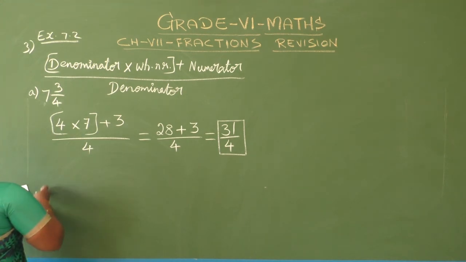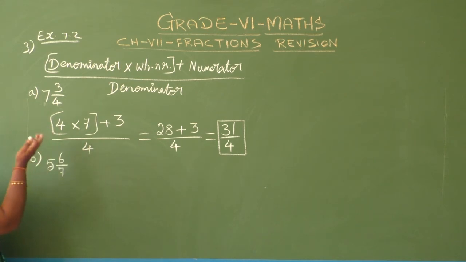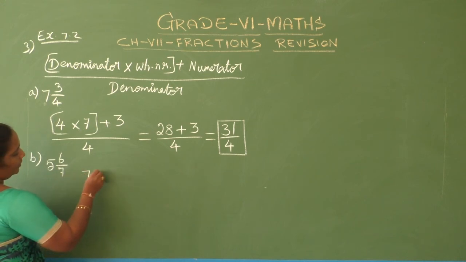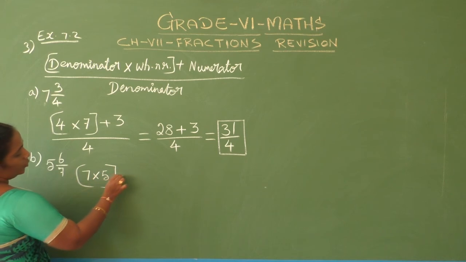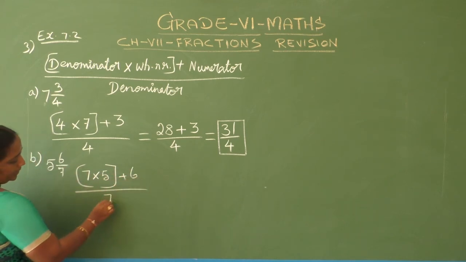Right. See, one more sum I will do here. B, 1 5 6 by 7. I already explained the formula, so no need to write it again and again. Directly I am going to multiply the numbers. See, our denominator is 7 into whole number 5, plus our numerator is 6, by denominator 7.